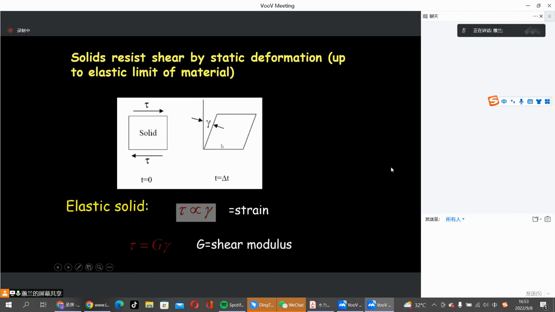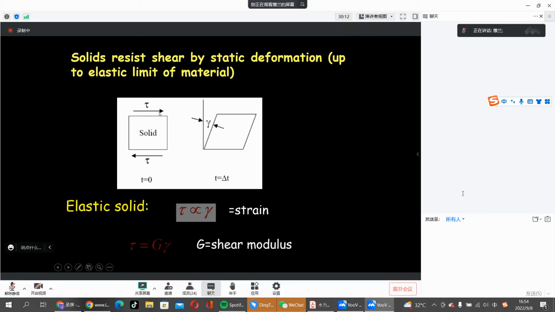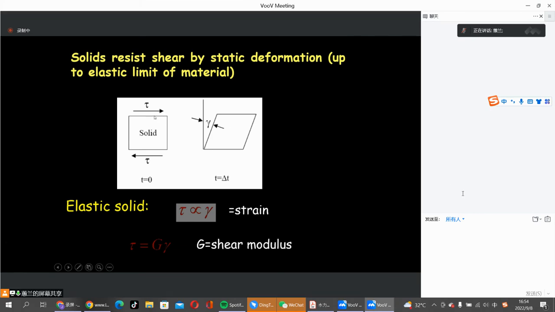For solids, they can resist shear by static deformation. Here you see the original solid, and then the solid under the action of the force. Please mute. After we apply a shear force on the solid, it will have a static deformation, just like this angle, right?